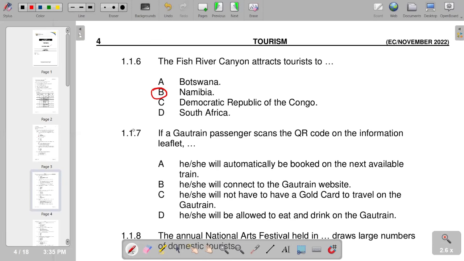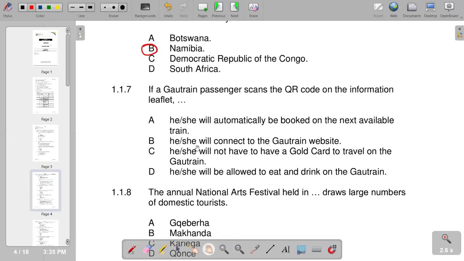Number seven, if a Gautrain passenger scans the QR code on the information leaflet, he or she will connect to the Gautrain website, which is the correct response according to the responses given. Number eight, the annual National Arts Festival held in Dash draws a large number of domestic tourists.